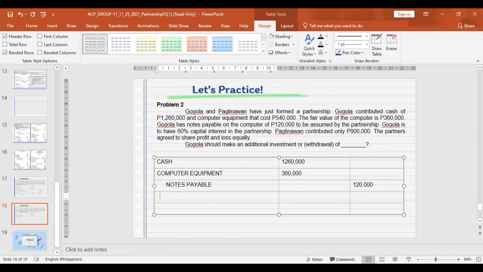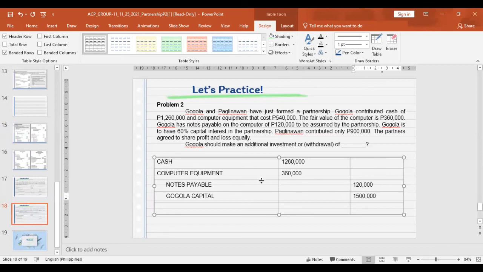And then yung Gugula capital, magkano? 1,260 plus 360 less 120. 360 minus 120 is 240. 240 plus 1,260, so 1,500,000.